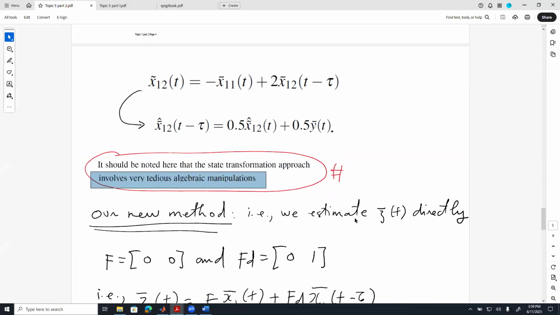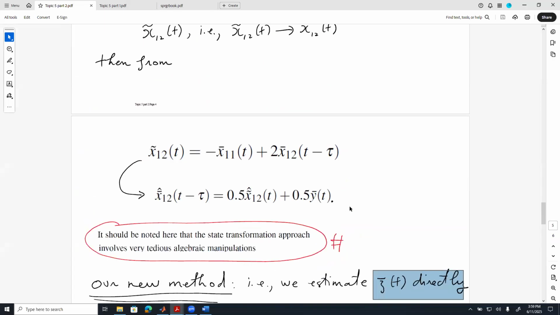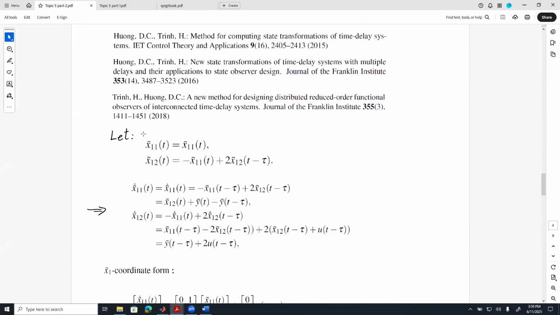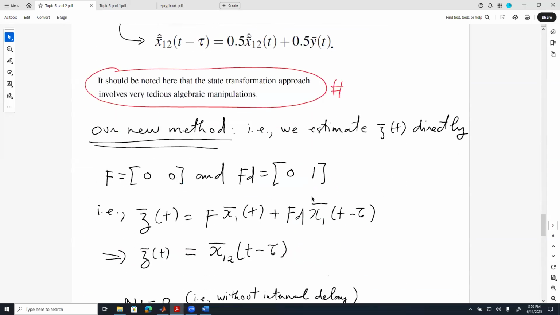And we can show that by doing our new method, we can estimate that directly without any difficulty at all. We don't need to pick and choose what kind of transformation we're going to have. Therefore, we can systematically derive the observer parameters by simply checking some conditions.